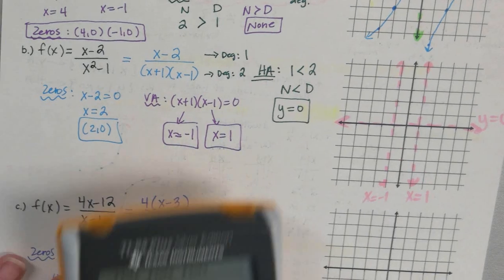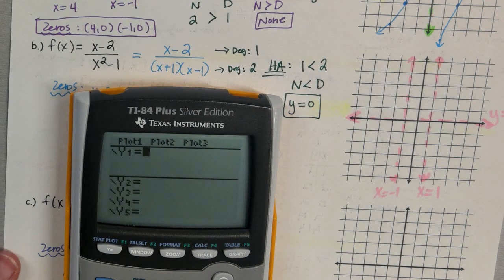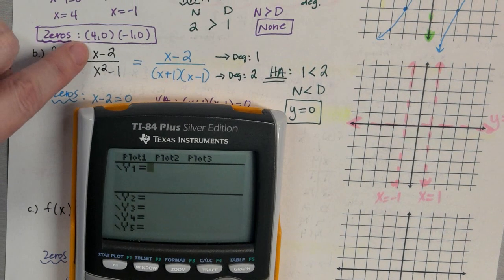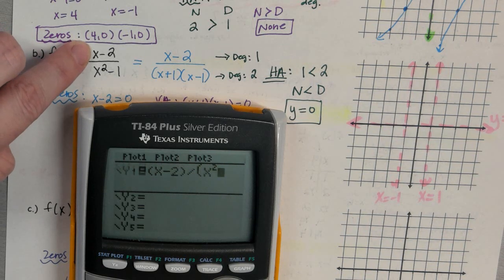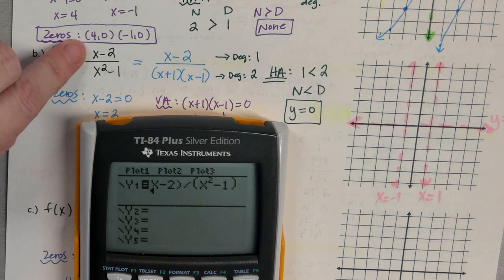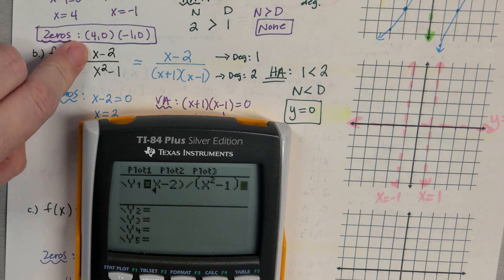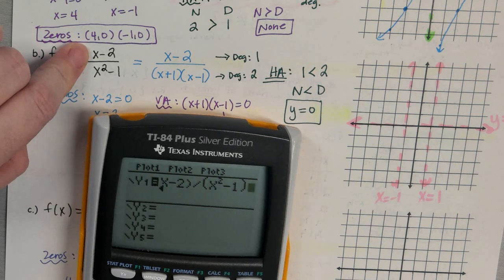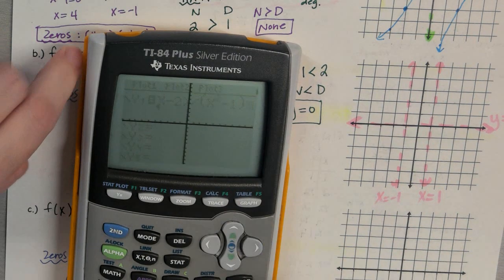When you go to graph this on your graphing calculator, put in what's given. Don't put in the factored form, because then you'd have to add another set of parentheses. And we just don't want to get that crazy. Well, maybe you do. Just add the other parentheses if you're feeling like it, okay? All right, and then we're going to graph.